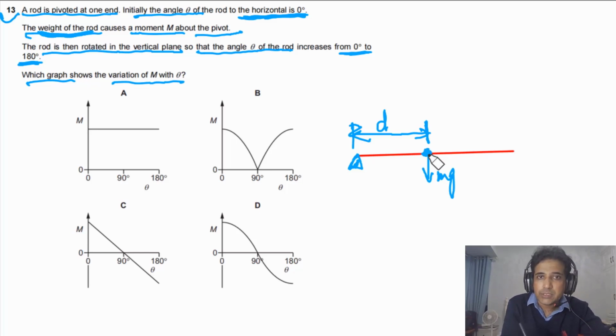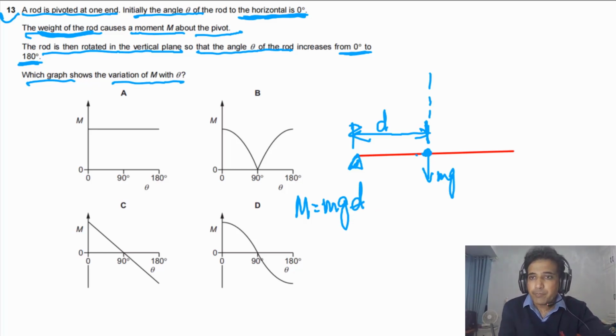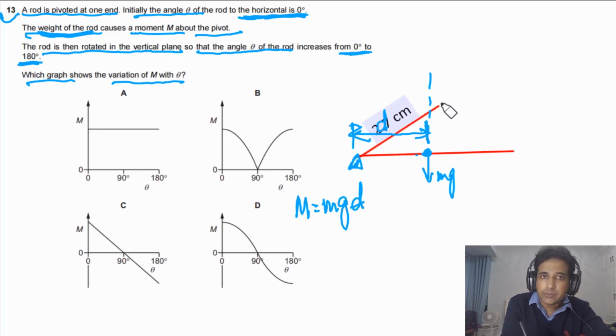So what is the moment in this case? The moment is equal to force times the perpendicular distance between the line of action of the force and the pivot. So this is the line of action of the force and this is the pivot. This distance we have to take. So this is the initial moment. Now we increase the angle. This is how we increase the angle.